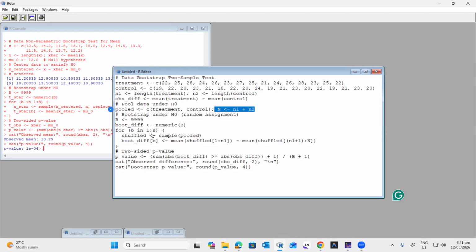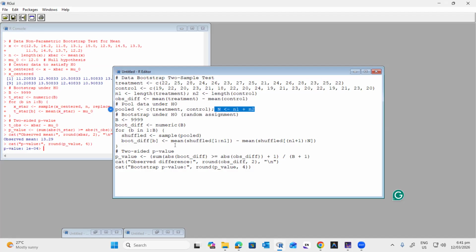In the for loop, we have the shuffled sample from the pooled observations, which randomly permutes the pooled data. This is equivalent to randomly assigning the original observations to the treatment and the control groups, but without changing the group sizes. So under H naught, any such assignment is equally likely.